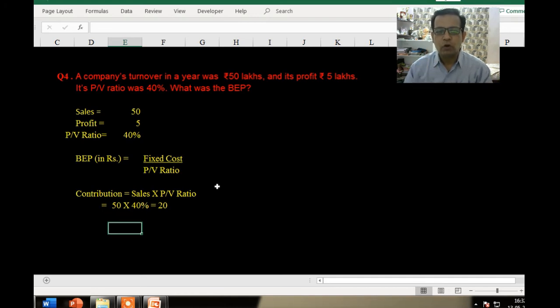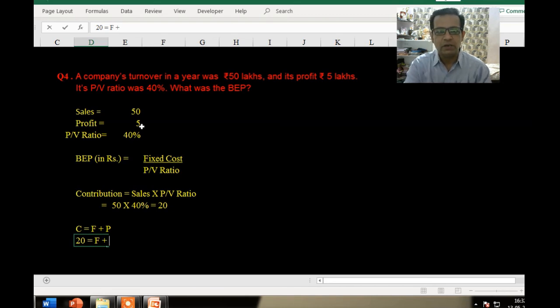One more formula for contribution, if you happen to remember, is contribution is equal to fixed cost plus profit. I hope everyone knows this, right? We implement this here: 20 is my contribution, which is equal to my fixed cost, which is missing, plus profit 5 lakh.